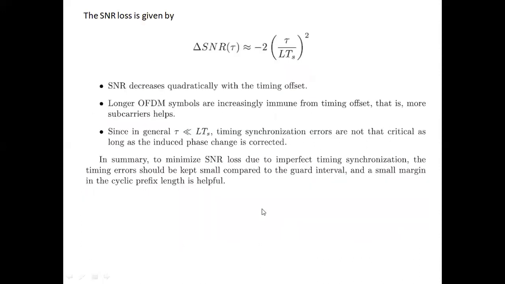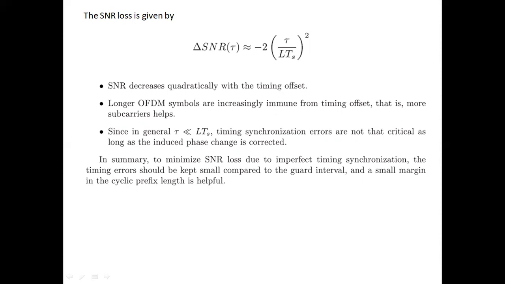As you can see here, what do they say? SNR decreases quadratically with timing offset. That means as the timing offset becomes more, signal quality reduces. Then how to tackle it? Longer wavelength signals are increasingly immune. That means reduce the speed.